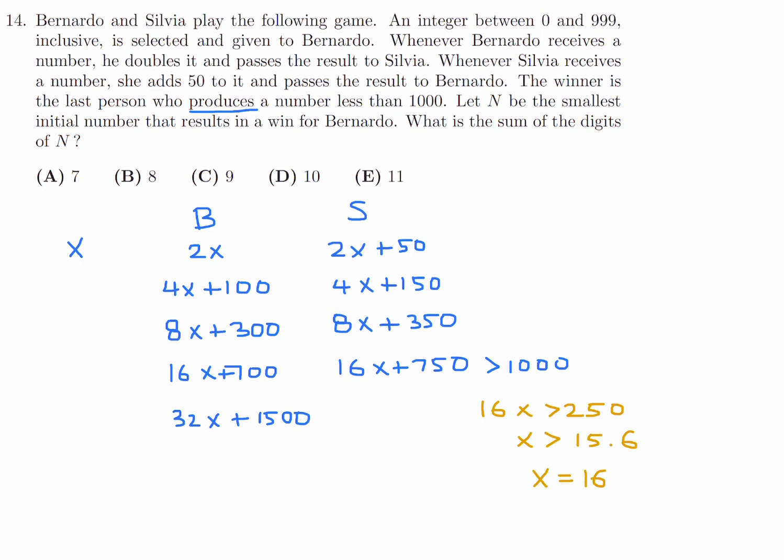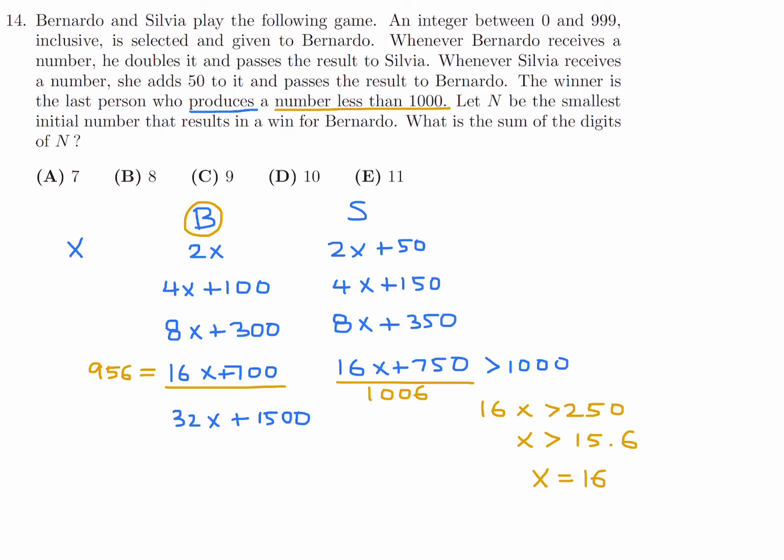And you can verify this. You say, well, okay, when x is 16, what happens? If x was 16, this number is 956. And this number, you've added just 50 to it, so it's 1,006. So as you can see, with 16, Bernardo wins, and Sylvia loses because her number is above 1,000.